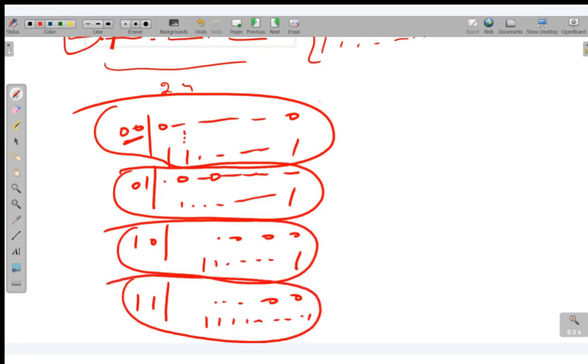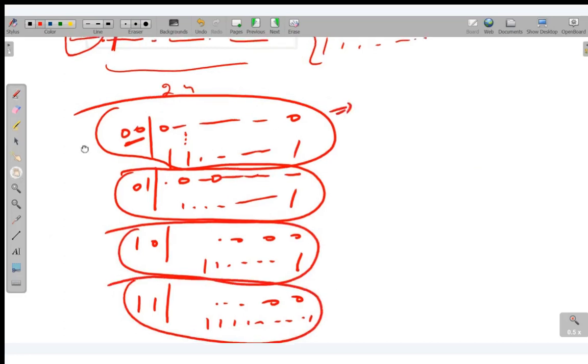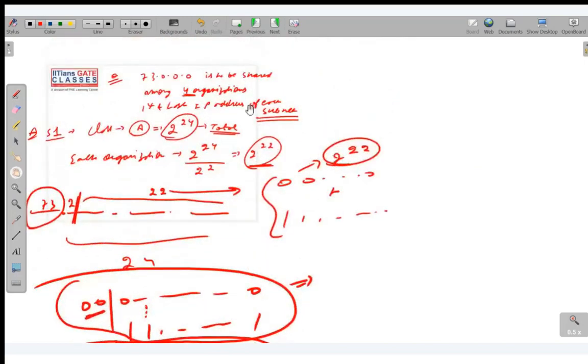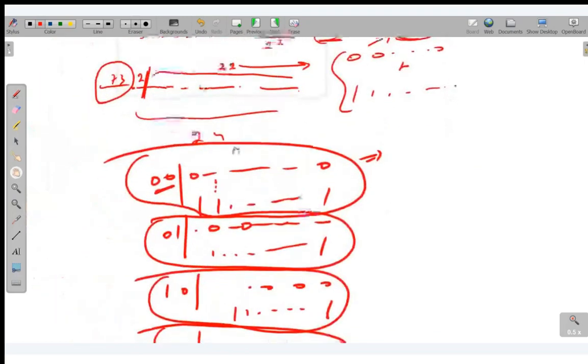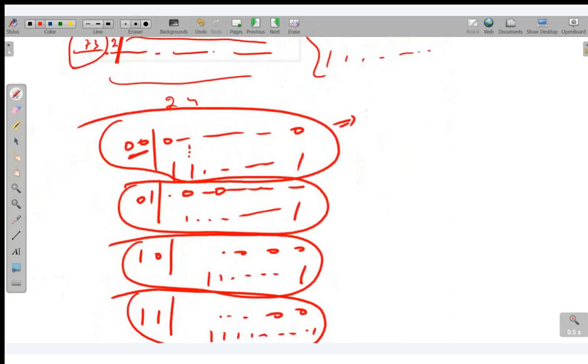I have told you the first and last IP address of each organization, each subnet. So first it will be 73.0.0.0. Last will be 73. Now try to imagine the octet. In the second octet, the first 2 bits are 0 and the last 6 are 1. Last 6 ones means 63, and here 255, 255.